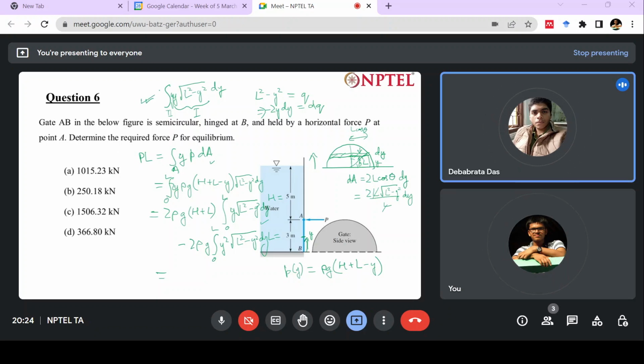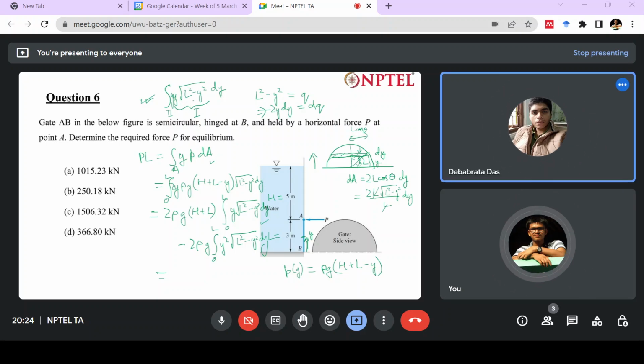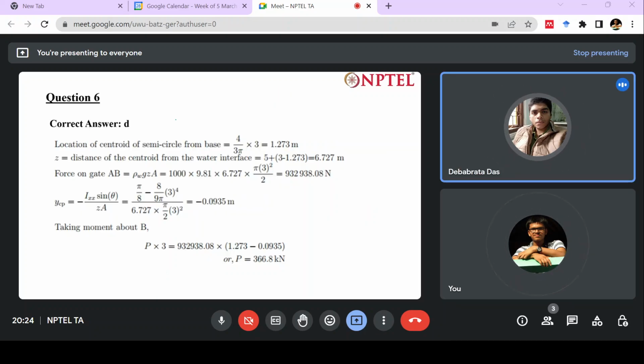Away from your competitive exams, you can easily do this problem by solving this integral. You will have tools for solving integrals as well. If you are becoming an engineer, you will have access to various softwares like Mathematica or MATLAB, which can instantly give you the results of this kind of integrals. Other than that, for competitive exams, you will have to memorize.